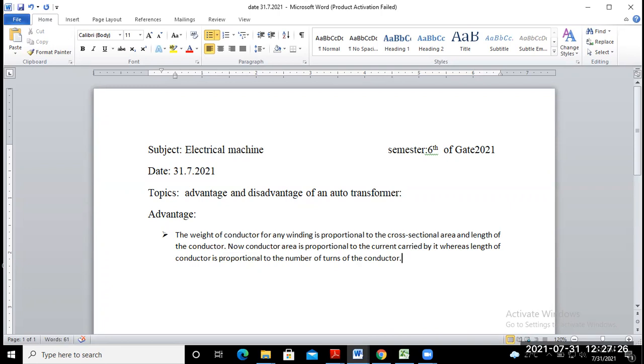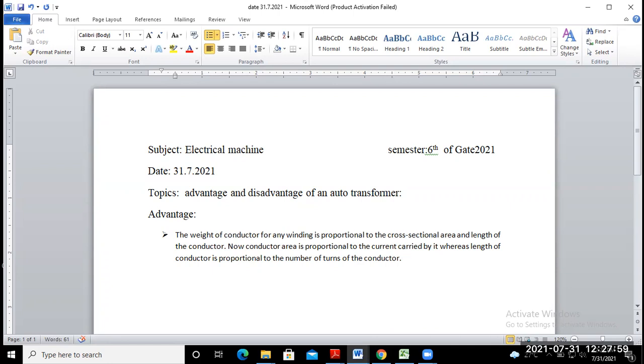In the previous class we saw that in each winding we transfer power from one side to another by transformer action, and each winding also transfers power directly. So windings AB and BC take the transformer action. In winding AB, the number of turns is N1 minus N2 and the current flowing is I1.